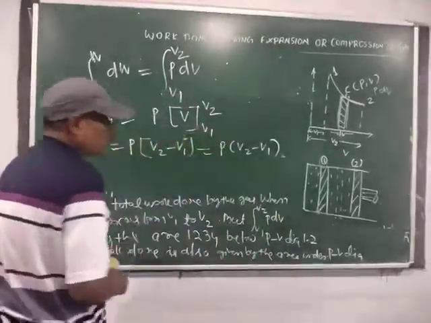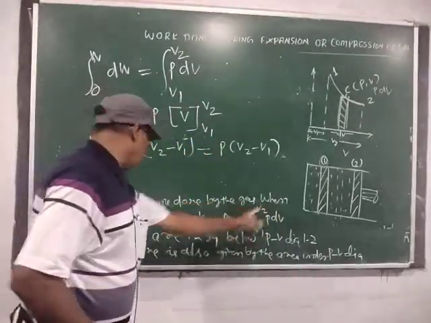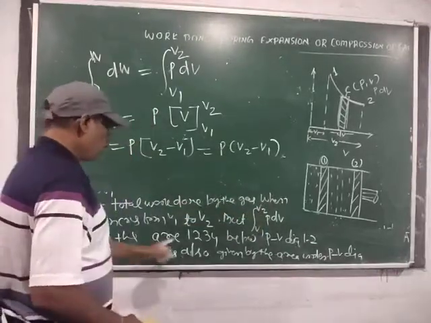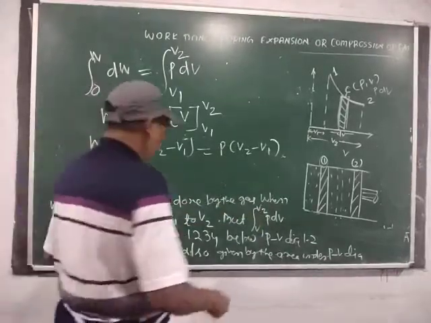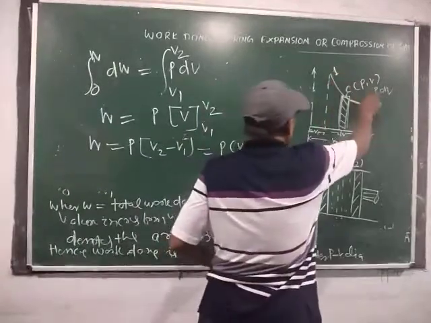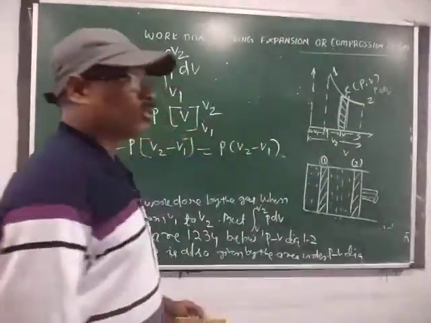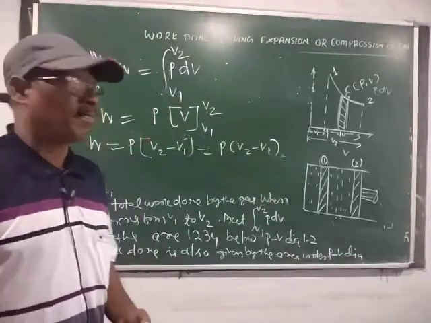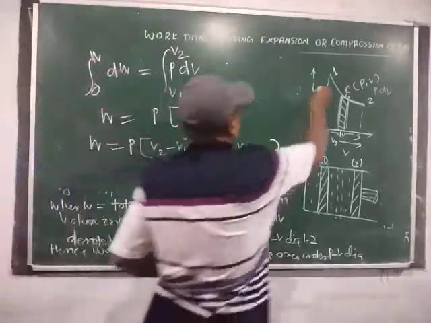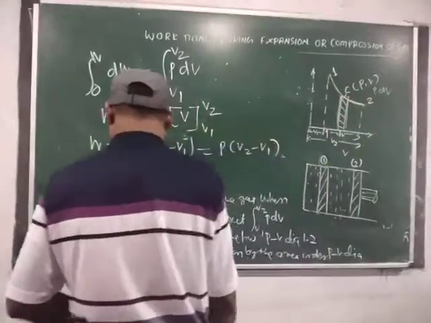But the integral of P dV within limit V1 to V2 denotes the area under the curve, 1, 2, 3, 4, below the PV diagram 1 dash 2.